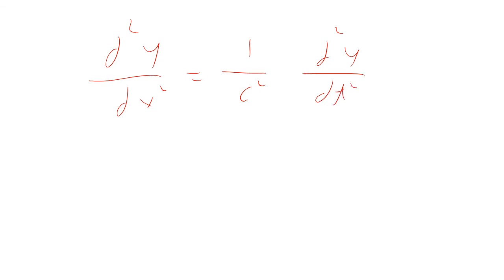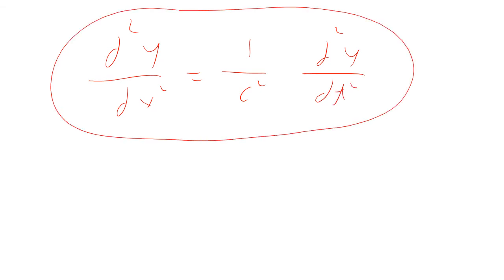So that's why the wave equation, which looks pretty straightforward, second derivative of y with respect to position squared equals 1 over c squared times the second derivative of y with respect to time squared, becomes very, very fundamental.